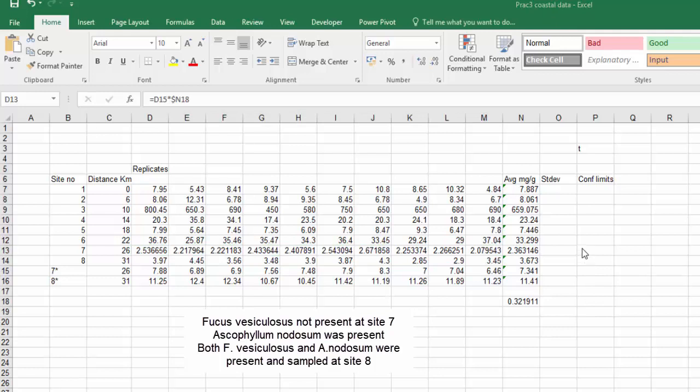So we now have a full set of average metal concentrations in seaweed for each of the sites.